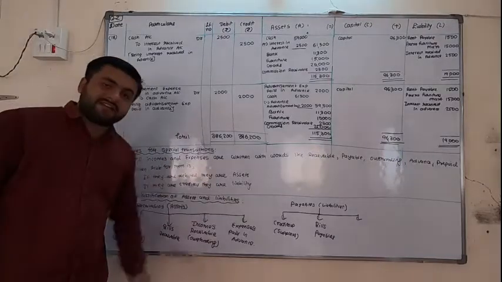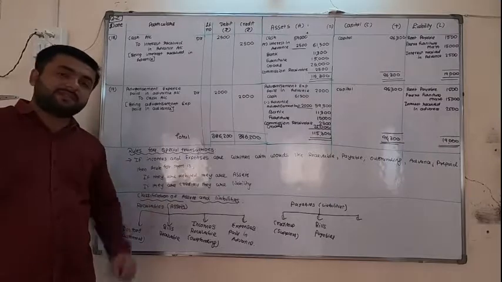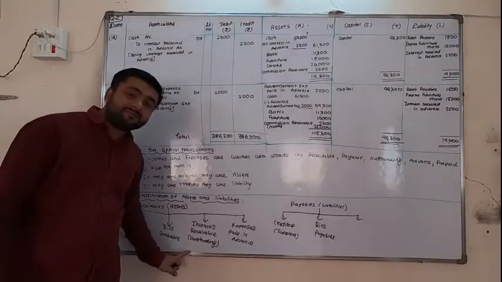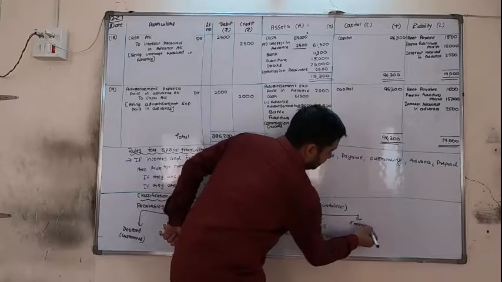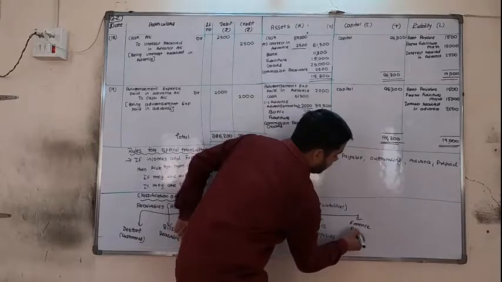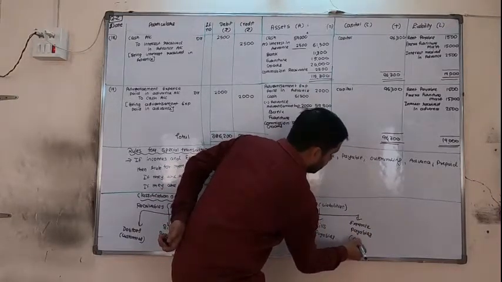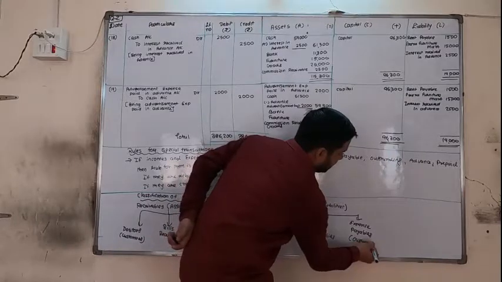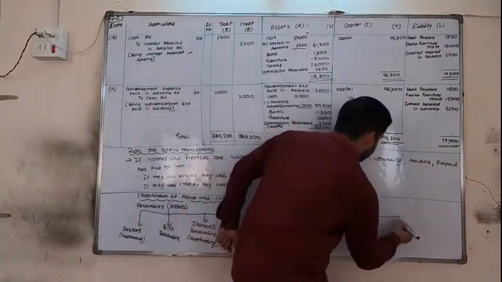Opposite of debtors is creditors. Opposite of customers is suppliers. Opposite of bills receivable is bills payable. Opposite of incomes receivable, here we will have expenses payable. Opposite of income is expense. Opposite of receivable is payable. And that is also outstanding. The word outstanding only will be given. You have to understand whether it is payable or receivable.